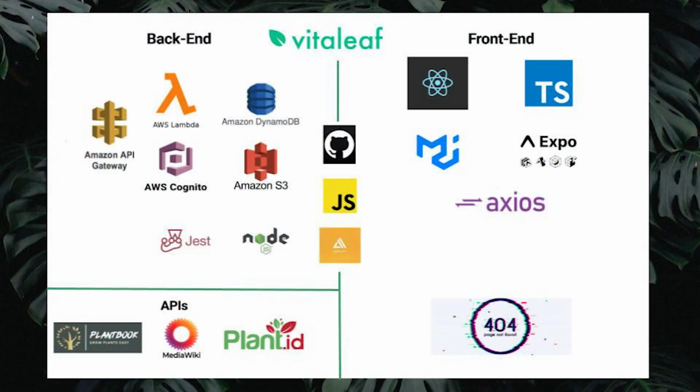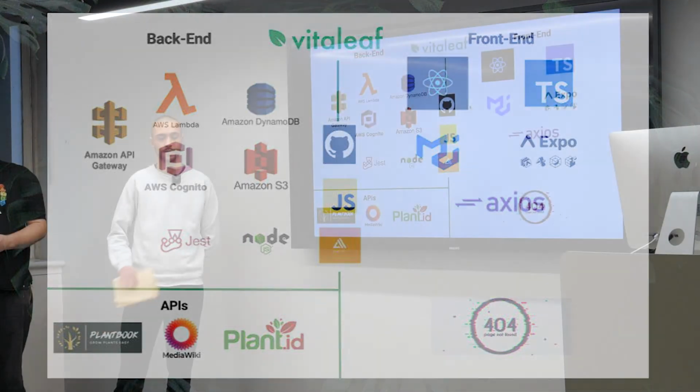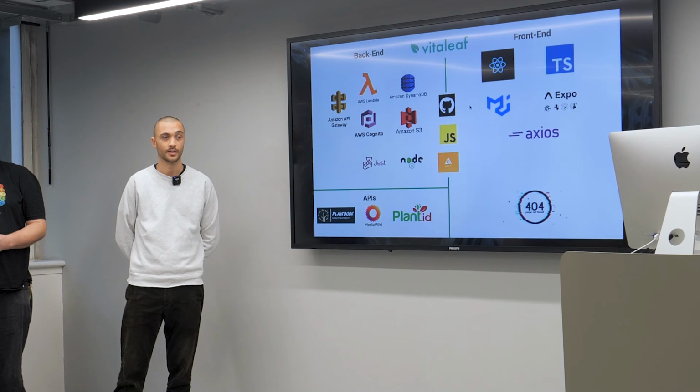So one of the first big challenges we faced was finding all the data we needed. After a lot of Googling over the spiky phase of the project, we came to the conclusion that we were going to set up our own API using a variety of data sources. So for the plant care details, we used an API called Open Plant Book, which also included plant images as well.